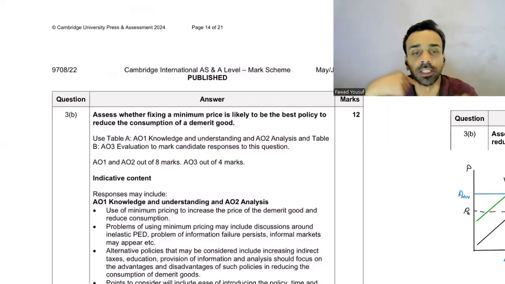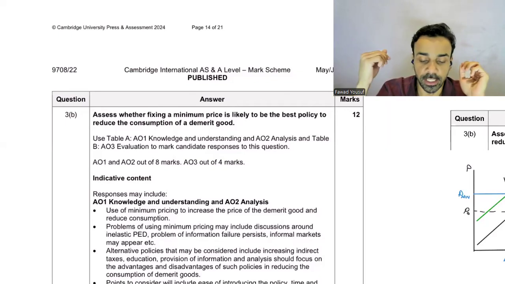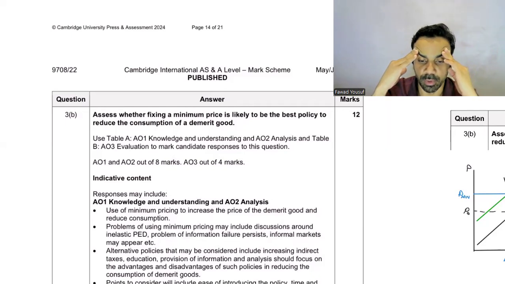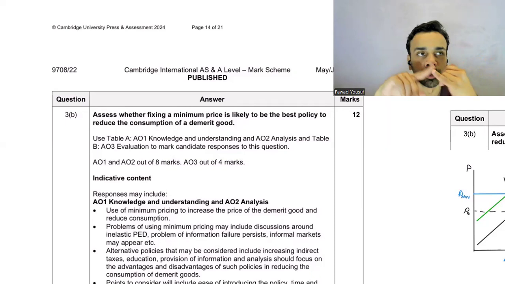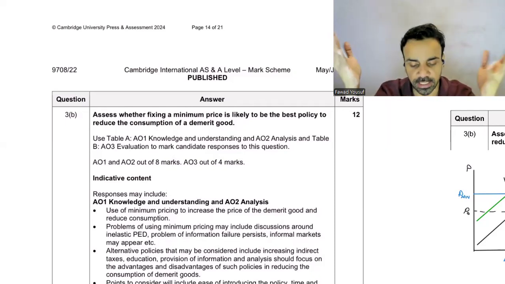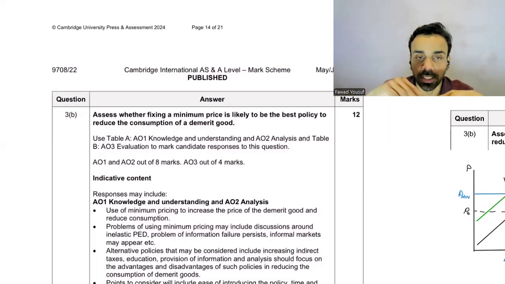The better policy is indirect taxes, knowledge and understanding, उसके अलावा you can have like subsidizing alternative, उसके अलावा और क्या पॉलिसीज हो सकती हैं ऑल्टरनेटिव के अंदर? एजुकेशन हो गया, इंफॉर्मेशन फेलियर को खत्म करना हो गया, ऑल्टरनेटिव को प्रमोट करना और इनडायरेक्ट टैक्सेस. I think these are good enough. They write all of this.